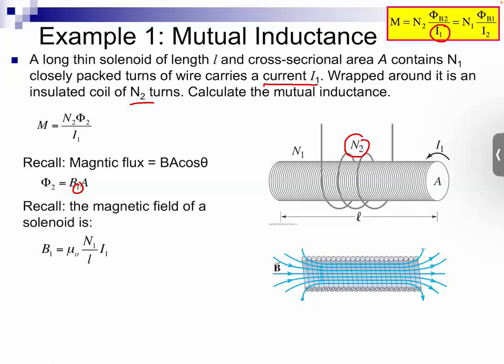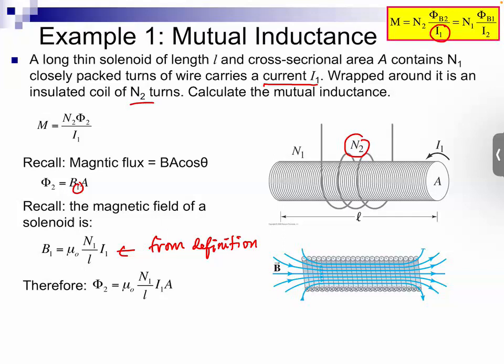Because it's the solenoid that carries the current, it's the solenoid that produces the magnetic field. The magnetic field B1 will come from the definition of the magnetic field created by a solenoid that carries a current I. N, of course, is the number of turns, and L is the length.